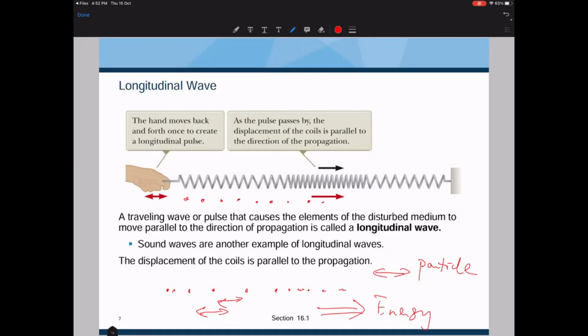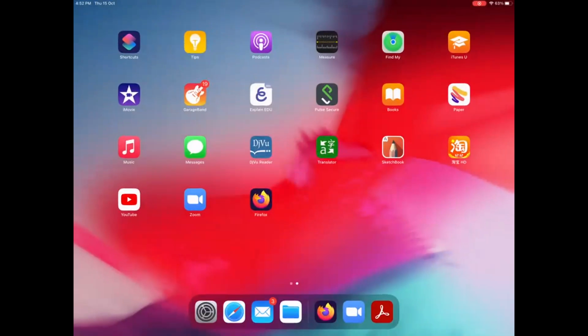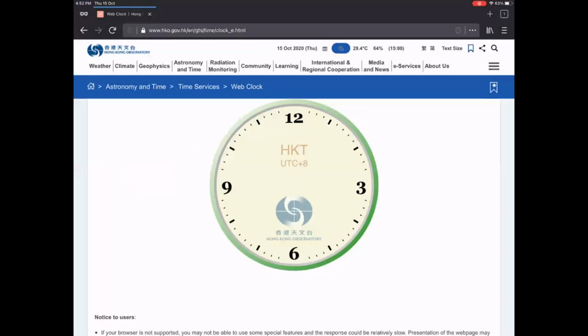So the idea is you have particles moving back and forth. For example, in the case of a spring, you have the elements moving back and forth, but the energy is also moving in the same direction. So that is the case of the longitudinal wave. Let me try if I can find something on YouTube.